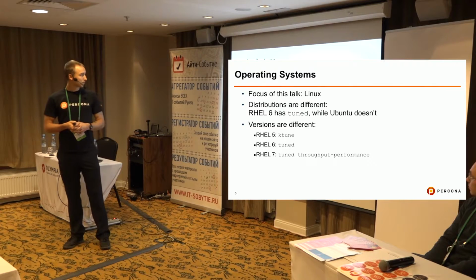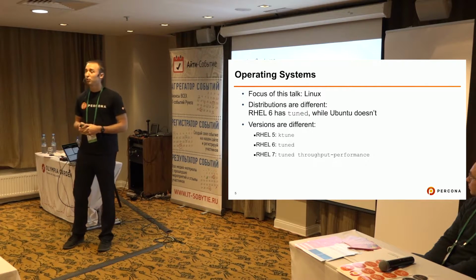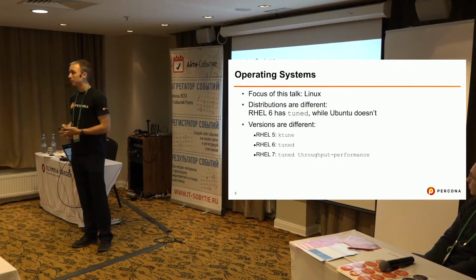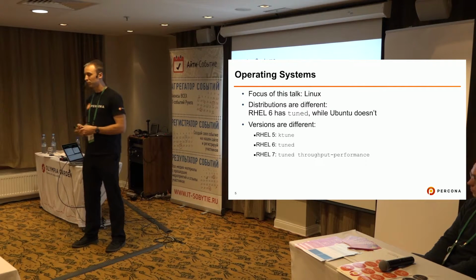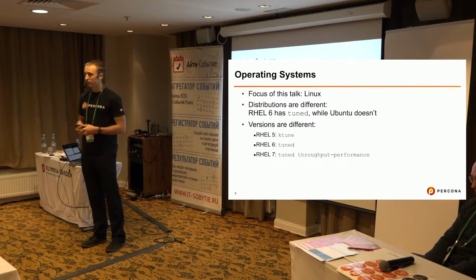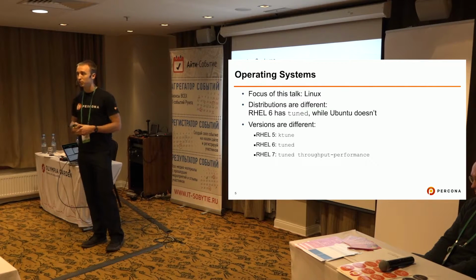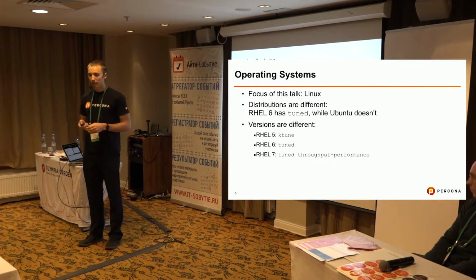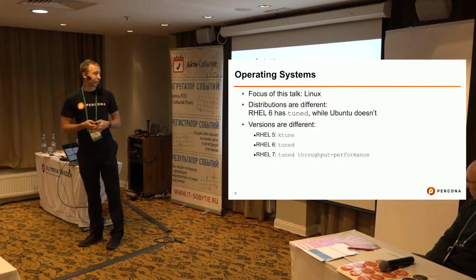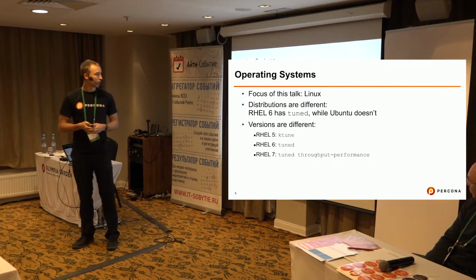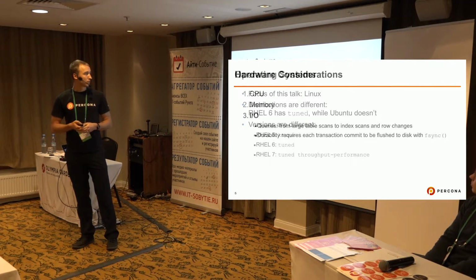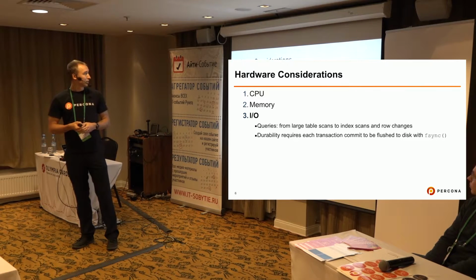And you can do most of these things on Debian-based distributions as well, but you'll have to do a lot of manual configuration because they don't have TuneD or Ktoon or anything like that. But it's basically like some tuning profiles. So you can do it.